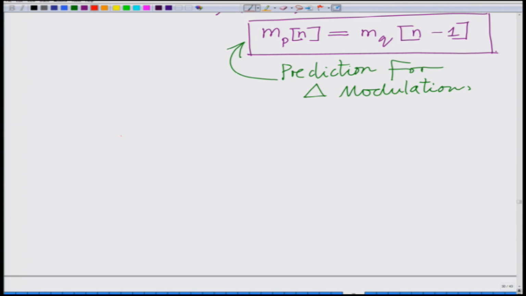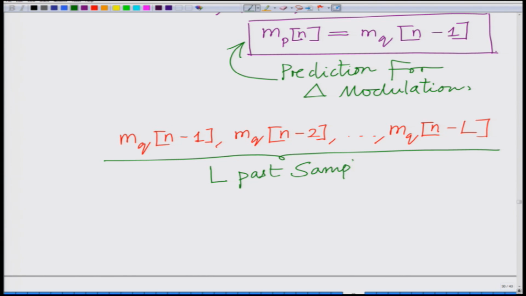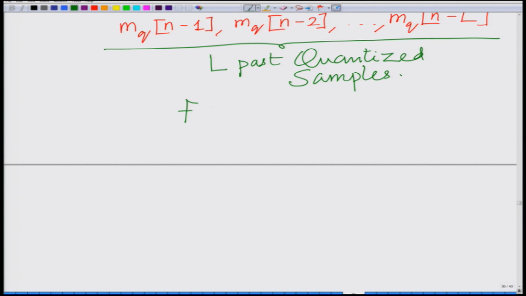So, we are using the L past quantized, or reconstructed, samples: MQ of n minus 1, MQ of n minus 2, up to MQ of n minus L. The function f is your prediction function, and we are using the L past quantized samples in the function f.